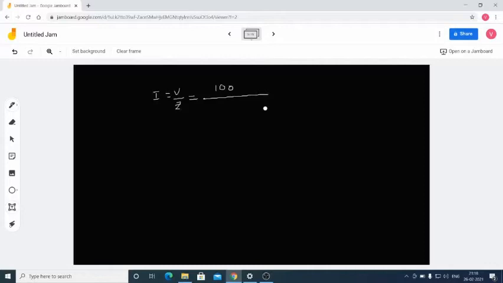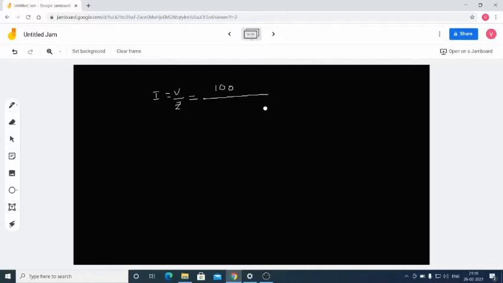The given circuit is a series circuit, so the total impedance is equal to the resistance R. At the resonance condition, the circuit behaves like a pure resistor, so the impedance is Z equal to R. So the first parameter, the current at resonance: I is equal to V upon Z. Instead of Z we replace R. V, which is given in the figure, is 100 volts upon Z, which is 50 ohms. So we will get 2 amperes.